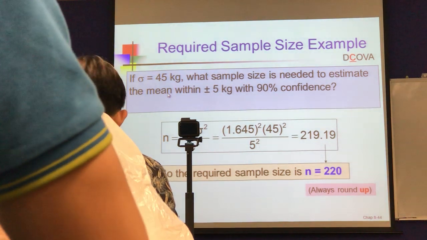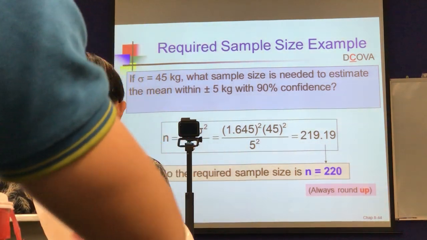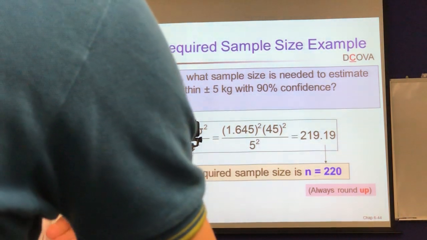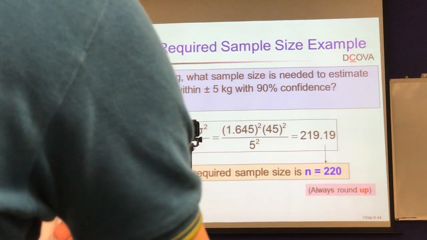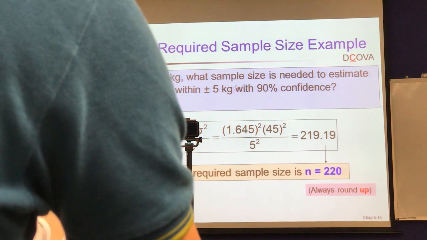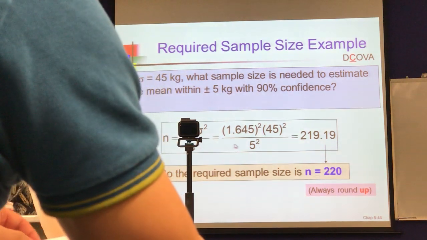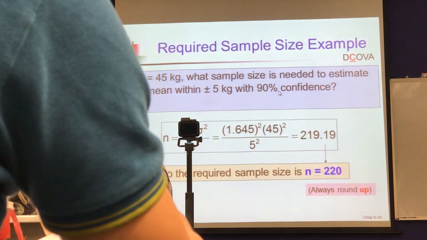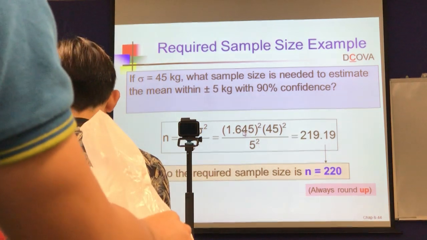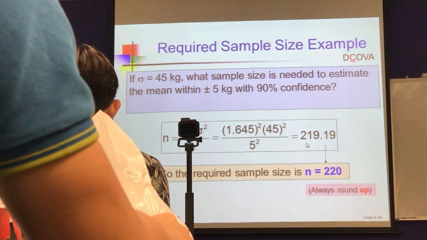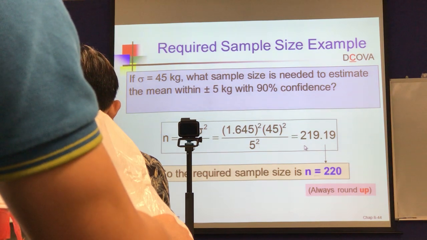If sigma is 45 kg, what sample size is needed to estimate the mean within 5 kg with 90% confidence? So you just substitute sigma is 45. Sample size you need to find out. Plus minus 5 kg, which is the E, the margin of error. With 90%, that's 1.645. You substitute everything in, just use this formula and apply it, you get this number. And this number is 219.19.